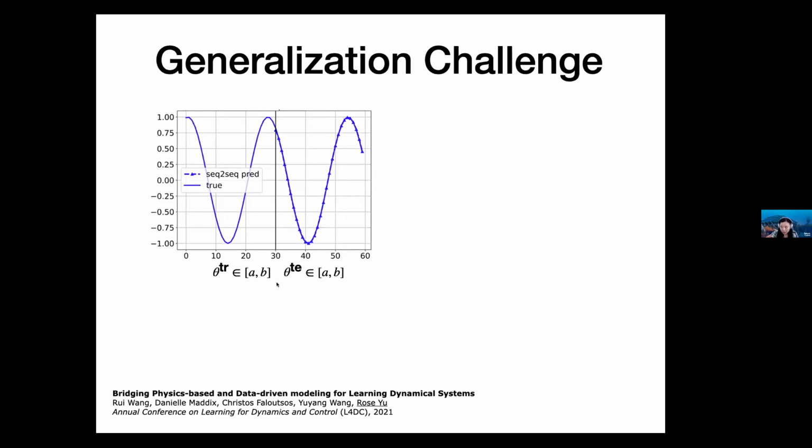And then the testing data is also sampled from the same interval A and B. So the parameter theta is governing this extremely simple dynamics. And obviously the data sequences that are generated are not overlapping with each other. They're just drawn from the same interval A and B.